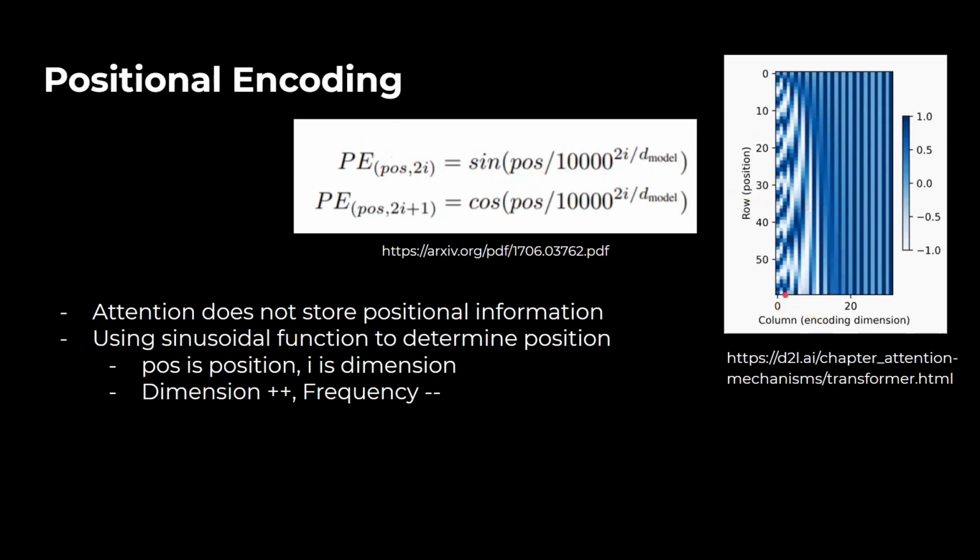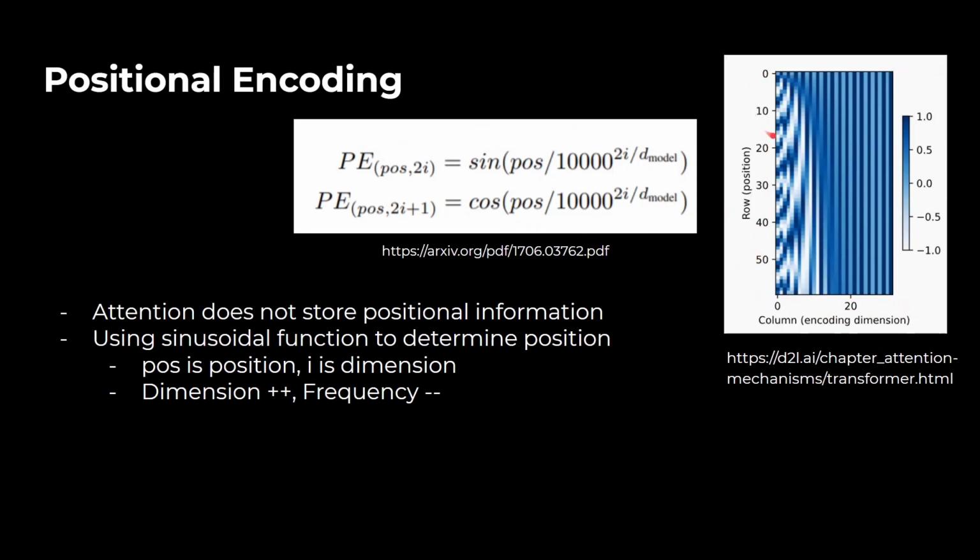This graph is just these two equations, but graphed out. The i's would be along this dimension, and the position would be along this dimension. Let's say you're looking at the first position, you would glance across this line and use that, and you add it to your input to represent that this is the first position.